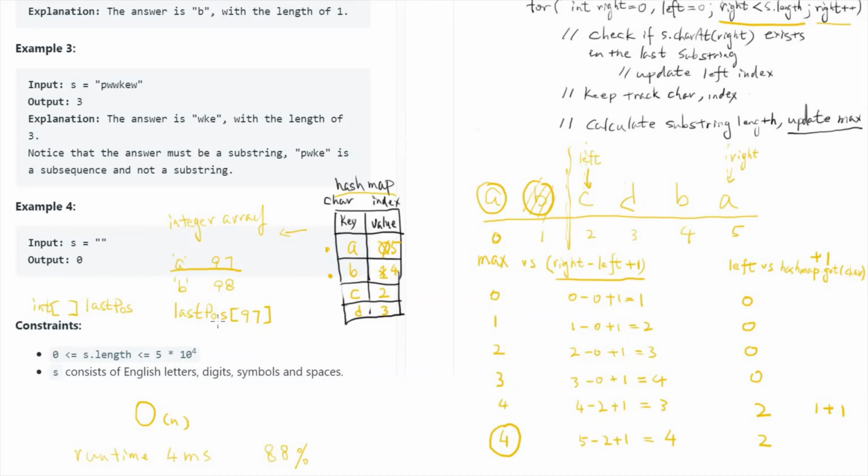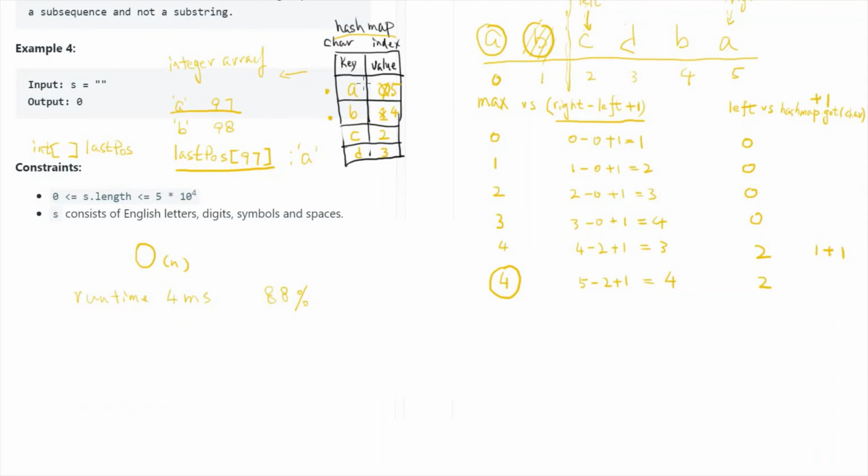So when we reference last pos with integer 97, it references the letter A. In this hash table, we have recorded the last position of A is 5, the last position of B is 4, last position of C is 2, and D is 3. When we use the integer array, it will look like this.